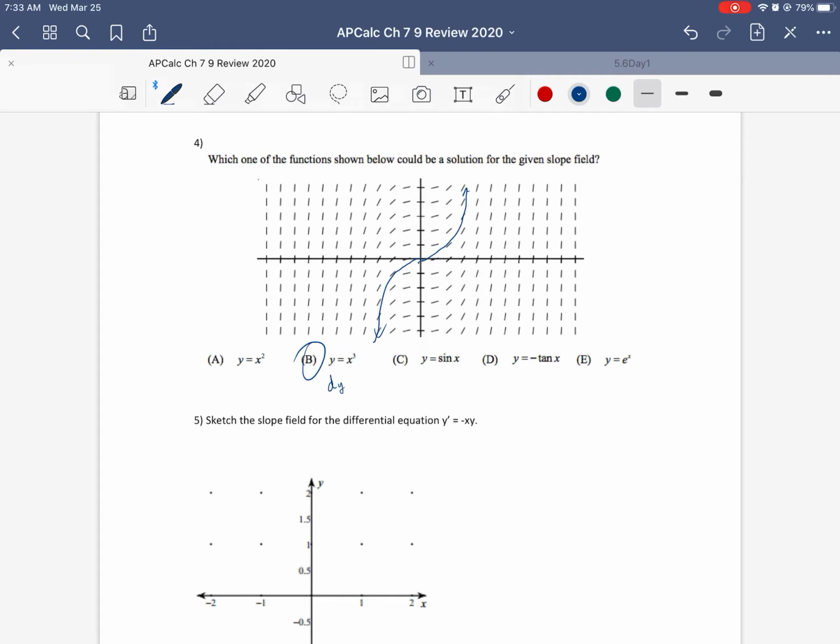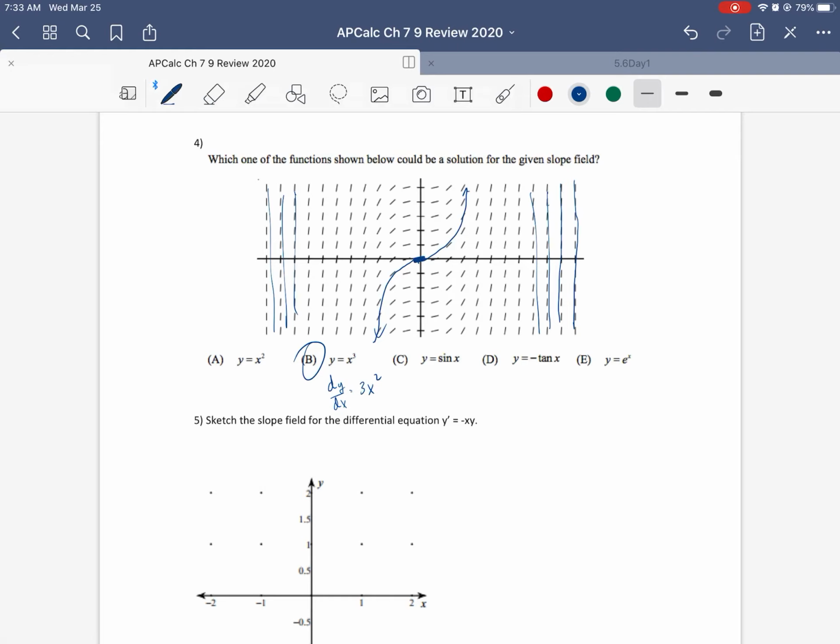Through that, I would be confident in that answer just by looking at the pattern. If I wasn't so sure, remember, you can always derive these. So dy over dx equals 3x squared. What that is saying is it doesn't matter what your y value is, your slope is all dependent on your x value. And it's growing steeper and steeper in a positive direction as x gets larger, which is why we basically have these vertical lines on both the left and the right of the y-axis.